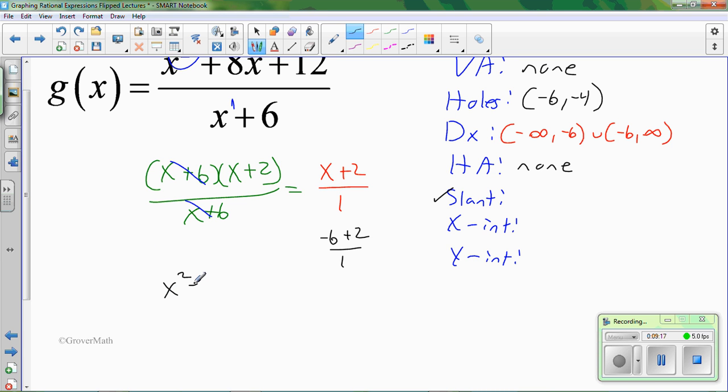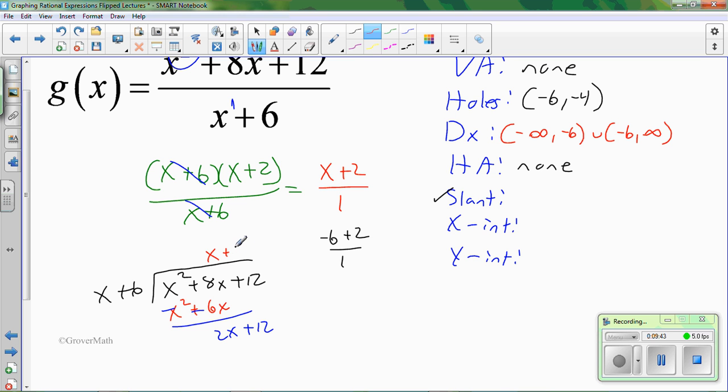So x squared plus 8x plus 12 divided by x plus 6. What makes x squared? x times x does. That gives you x squared plus 6x. Change our signs. Leaves you with 2x plus 12. And how do I get x to be 2x?